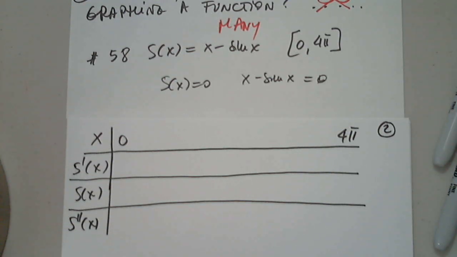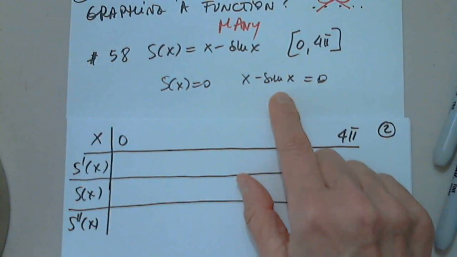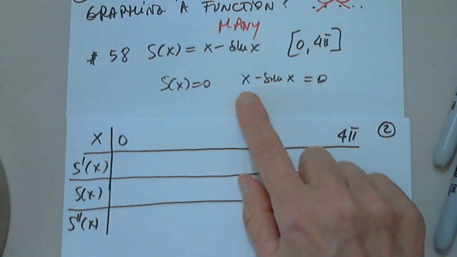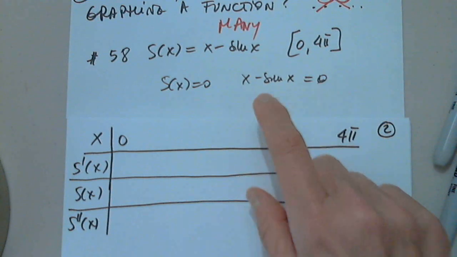It's Newton's method, but we haven't discussed Newton's method yet. So I'm going to make the scale as pi. And the highest that I can have here is, so sine cannot be more than 1 or -1. But I have this x, which can be 4 pi. So 4 times 3 is 12, plus or minus 1.